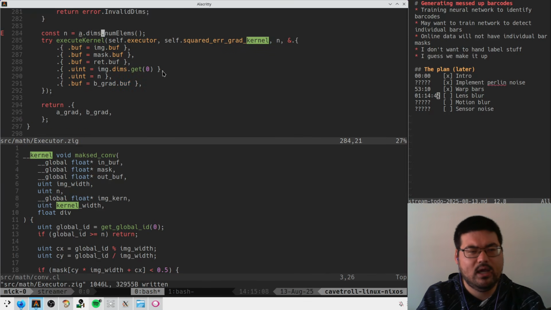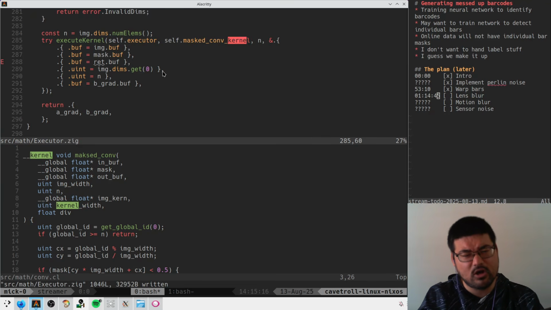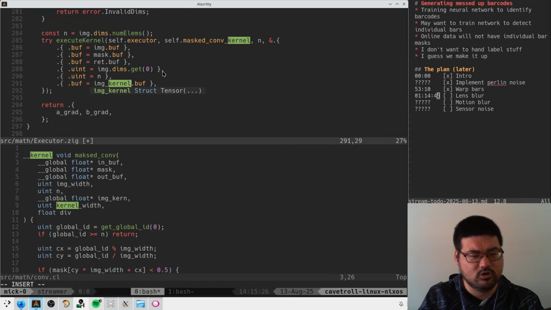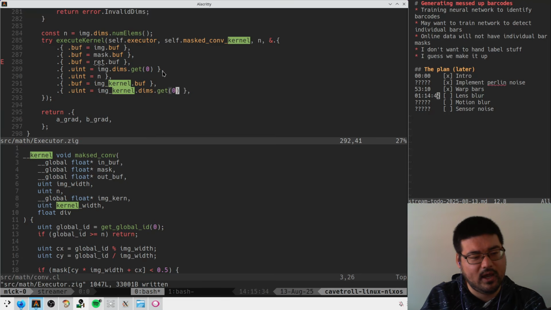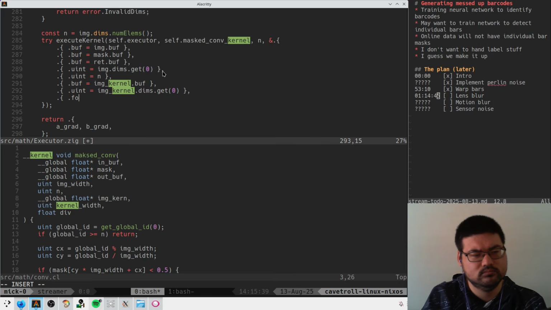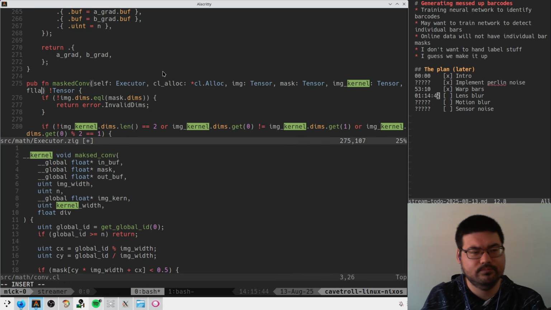So here we have image dims num elms as our n. We are running the masked conv kernel with buff mask, ret, image width, and the number of elements that we're running. Then we have the image kernel buffer here with our kernel width. Okay, and the divisor, which I guess comes in here as a float.